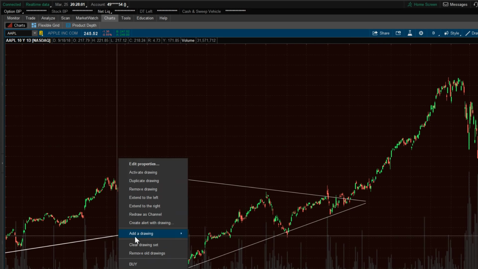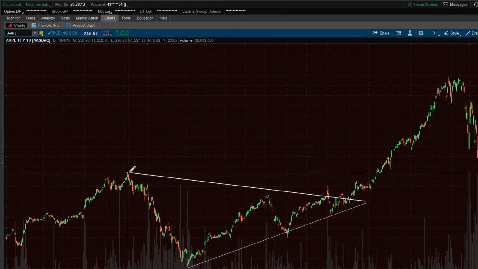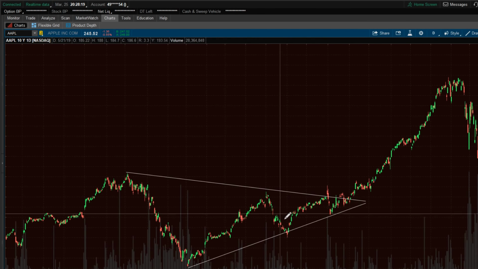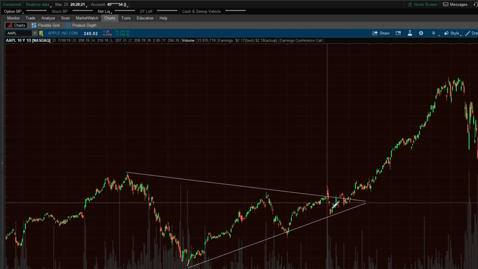Okay, so when we say triangles, I'm talking about an area of consolidation that's typically getting tighter as time goes along.